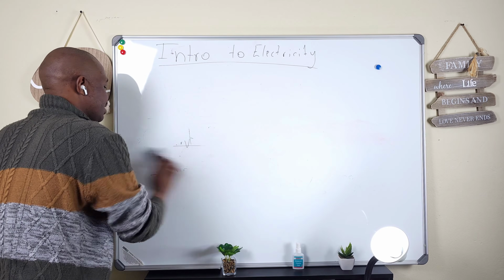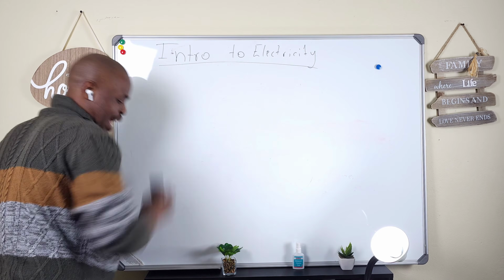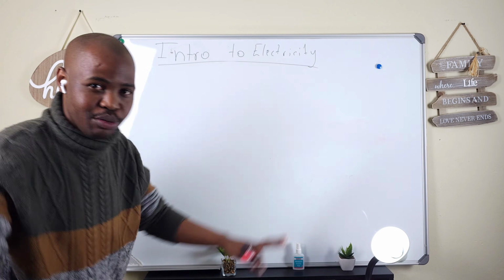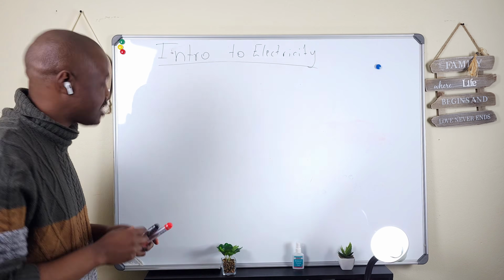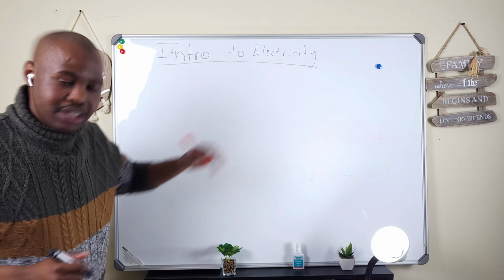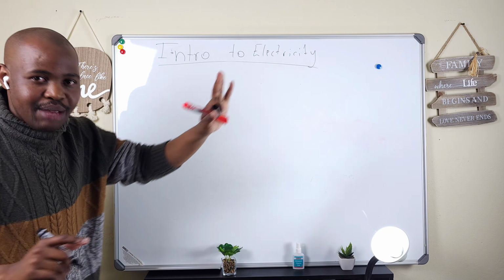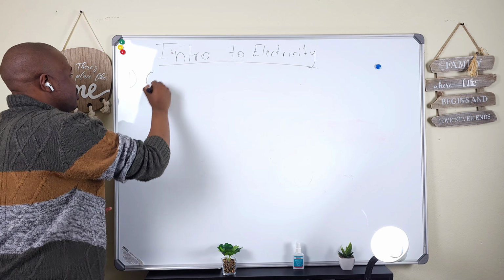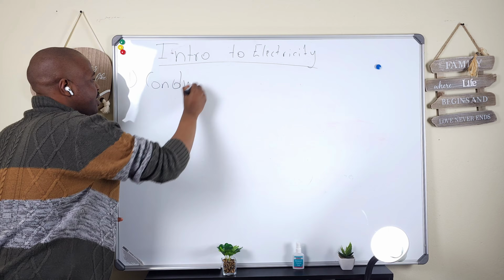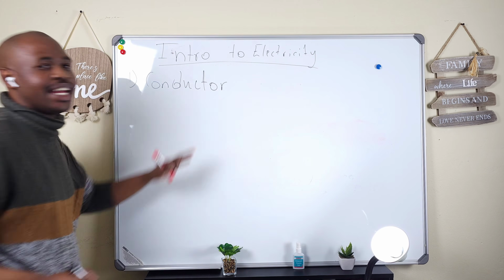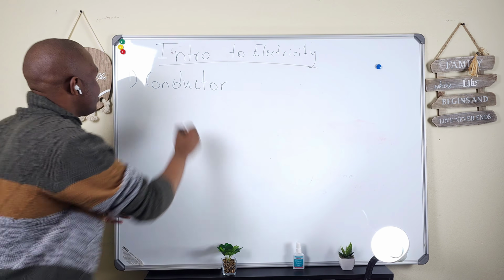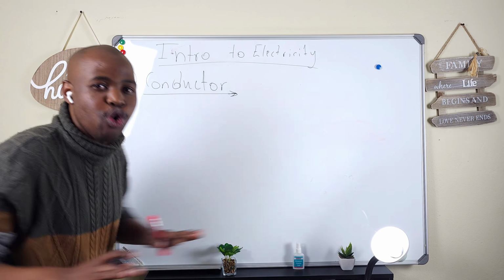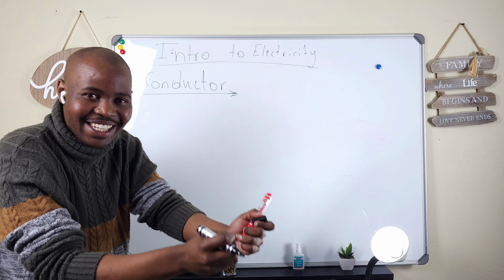Then it brings me to the types of materials, let me say three types of electrical materials that we'll be talking about in this course. The first one is the conductor. We can classify a material as a conductor if it allows current to flow through it easily.